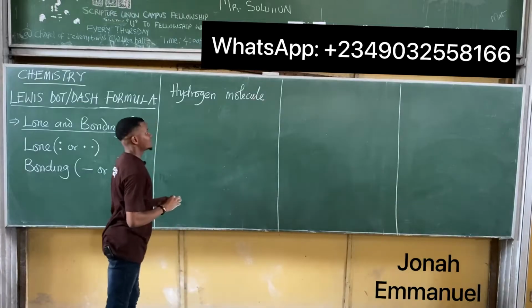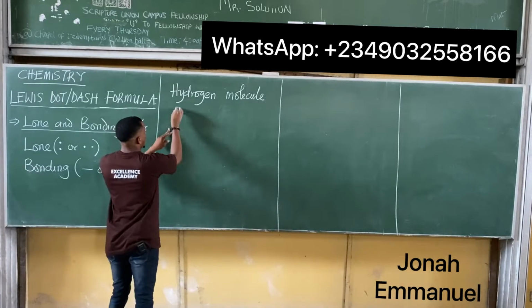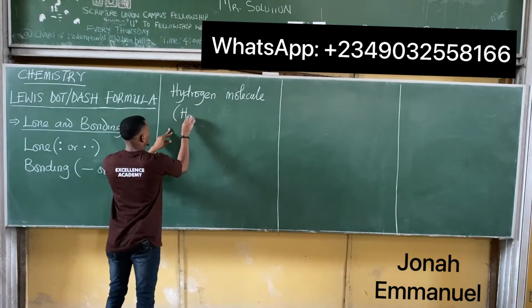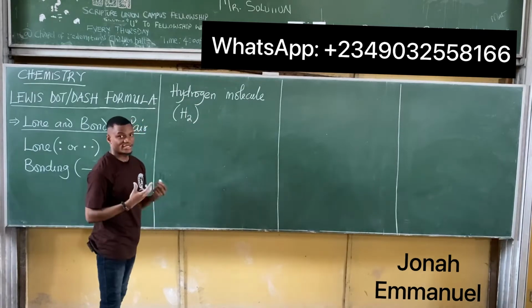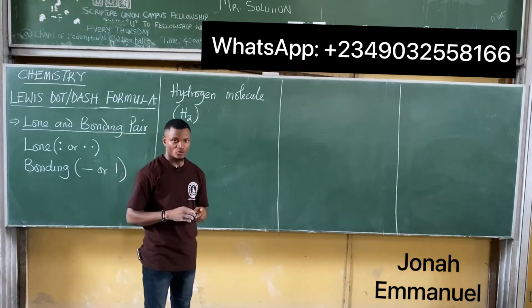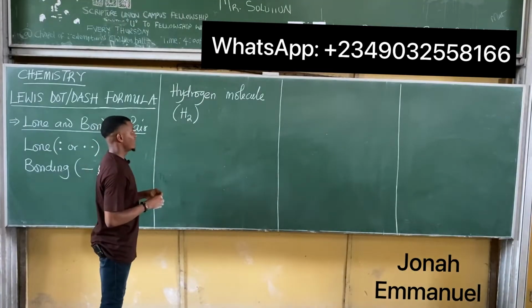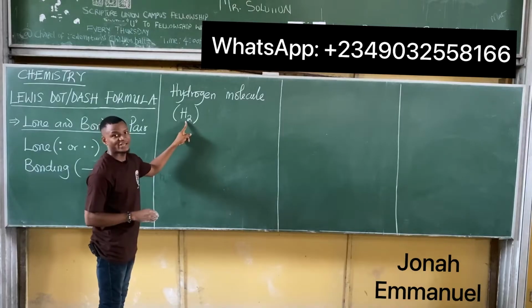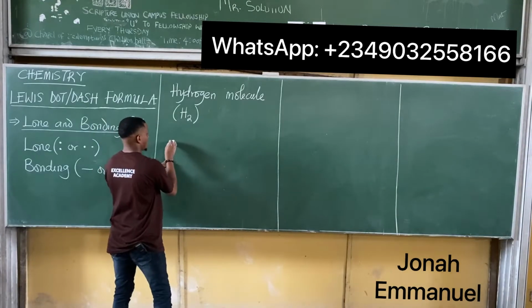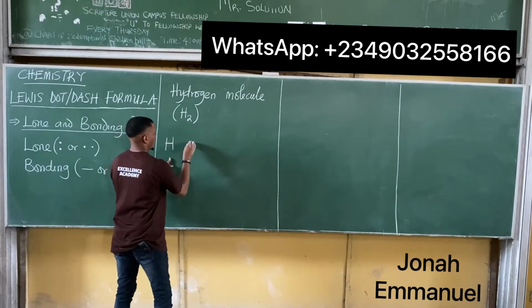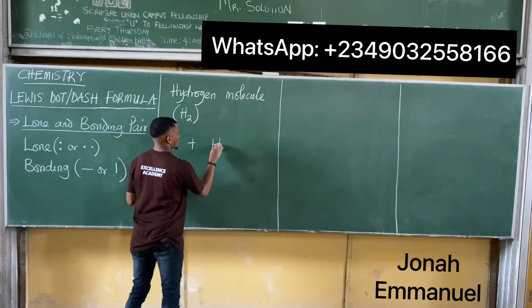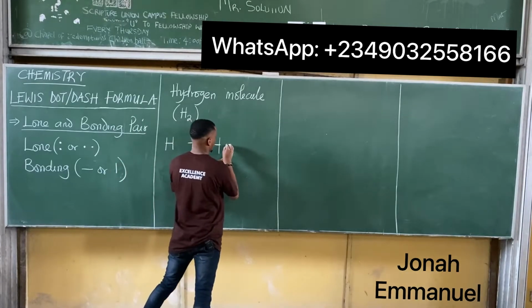So let's say you write the Lewis structure for the hydrogen molecule. Of course, a molecule of hydrogen is diatomic, so I'm having H2. My first task here is to note that this signifies two hydrogen atoms combining. That's H plus H combined to give H2.